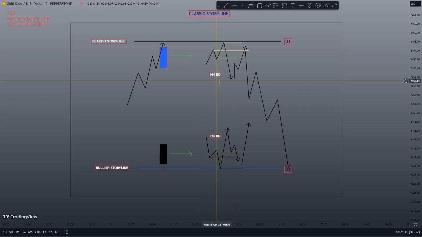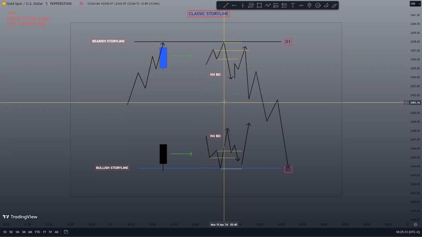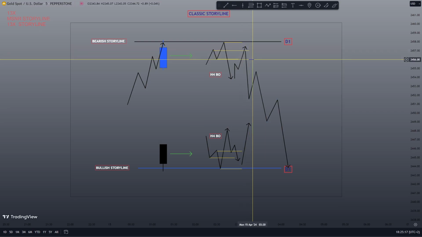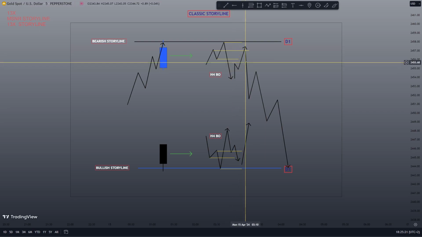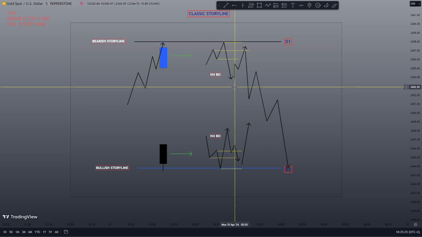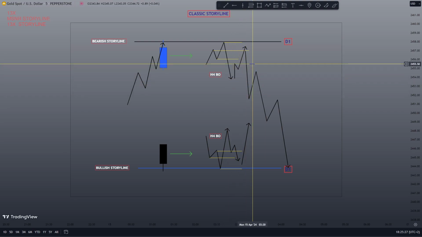And when we see this H4 breakout, price will retrace to one of the H4 levels that got created, and will react from one of our 13 setups with a confirmation. Price will always print a confirmation before starting a storyline.